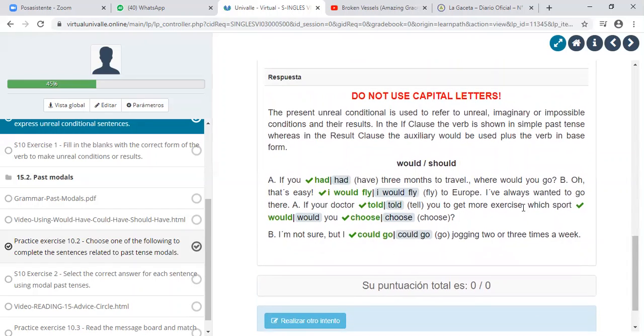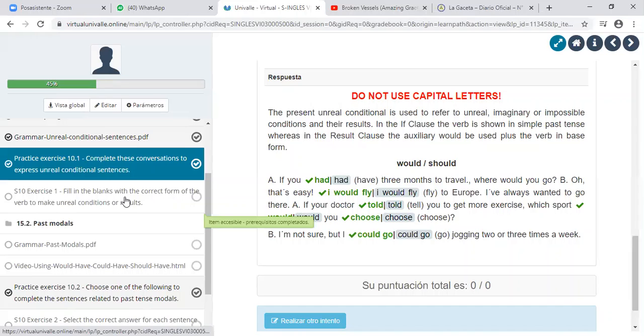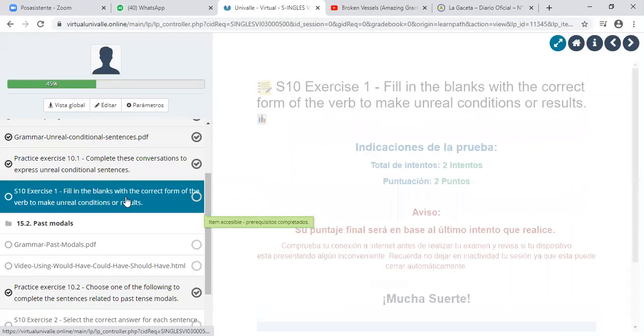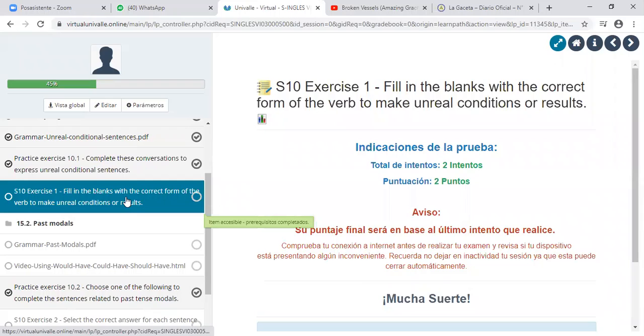Okay, very good job, guys. Do you have another question so far? In here, you're going to have an exercise that is going to be evaluated. You are going to fill in the blanks with the correct form of the verb to make unreal conditions or results, okay?